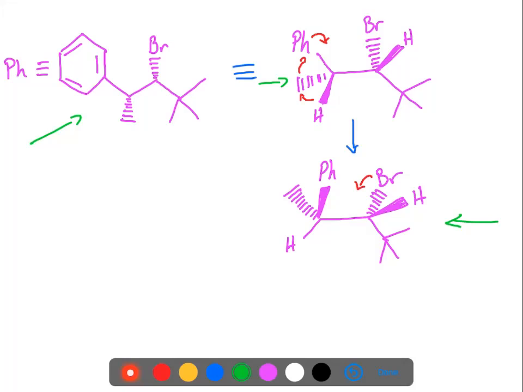In doing so, that bromine atom is going to be up and in the plane. The hydrogen that's towards us is going to rotate down but still be in front of us. And the t-butyl group that's in the plane, as we rotate in that counterclockwise manner, will go behind the page and facing downwards.